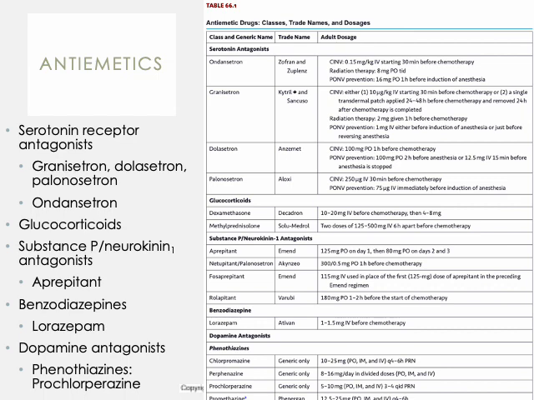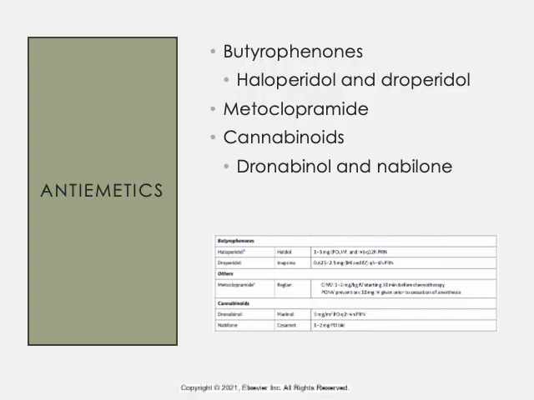This is something that we use readily in the hospital as well. We can also use butyrophenones like haloperidol or Haldol. We can use Reglan, which is metoclopramide, and cannabinoids can also be used. The more popular one is Marinol.